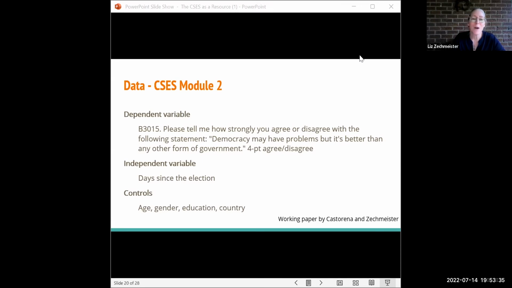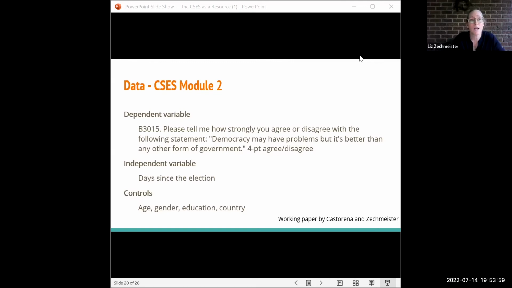It means that what we're actually looking for is a sign that support tapers down, I should say, not tapers off. We hope it doesn't taper off entirely, but that it trends downward following an election, the further you are away from the election in time. So that's why our key independent variable is days since the election.